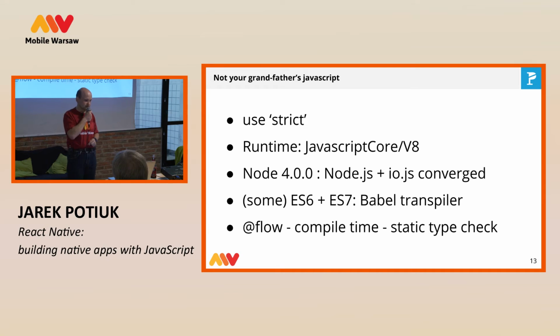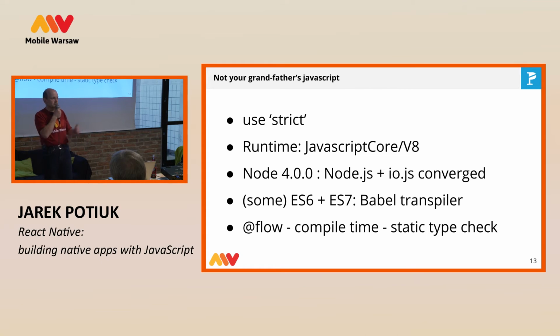the Chrome JavaScript runtime. It uses Node 4.0, and every time I do this presentation, I have to change a lot because React Native is evolving so quickly that things change within two weeks. I was talking about io.js three weeks ago and two weeks ago at CodePod.